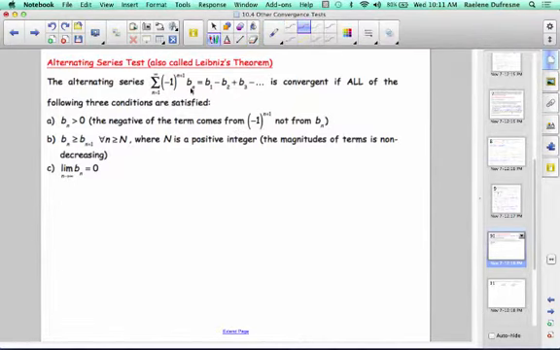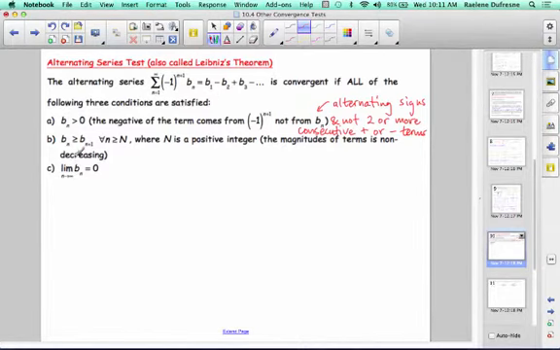And you will be able to recognize from expanded form if this condition is satisfied because we have alternating signs and not 2 or more consecutive positive or consecutive negative terms. Okay, so if we had positive, positive, negative, negative, then we would not satisfy condition 1, or condition A.